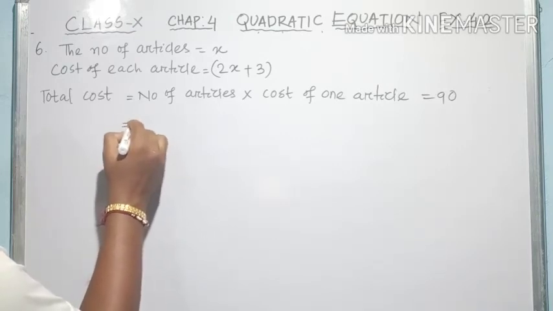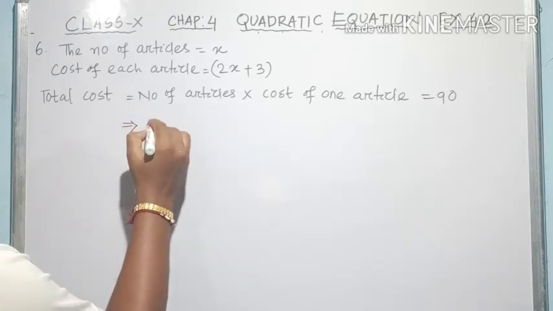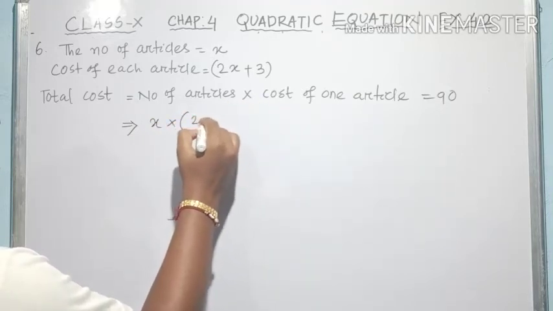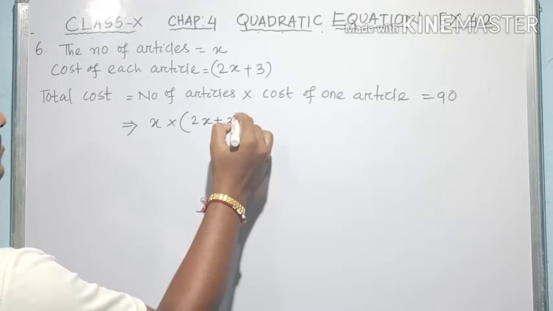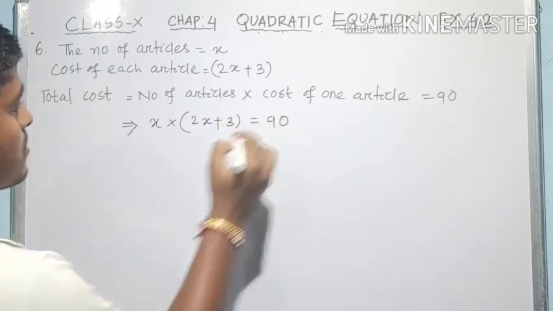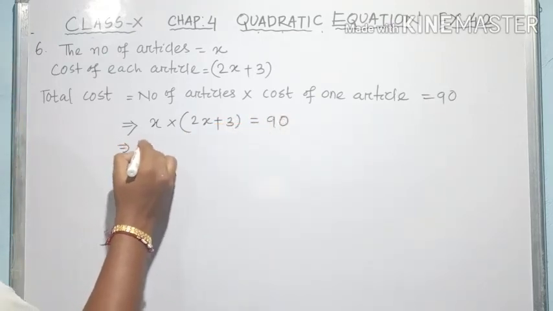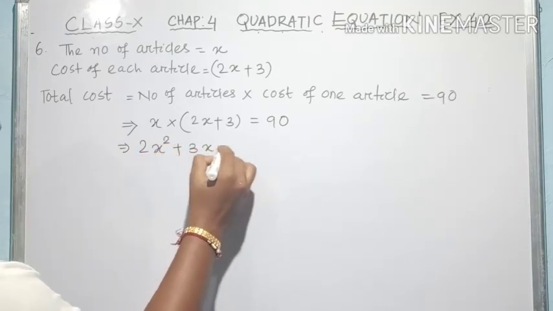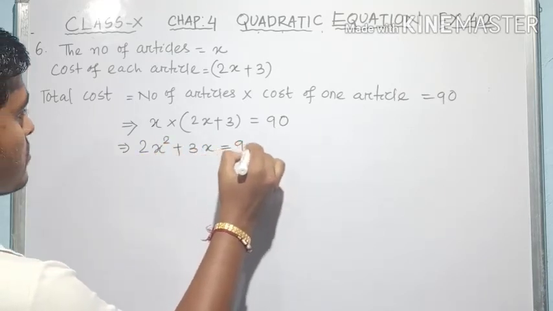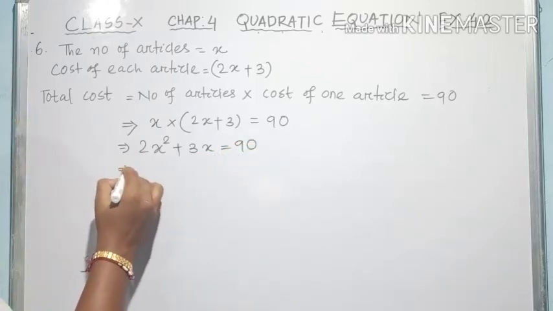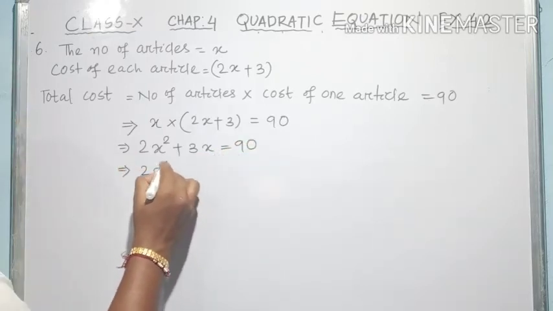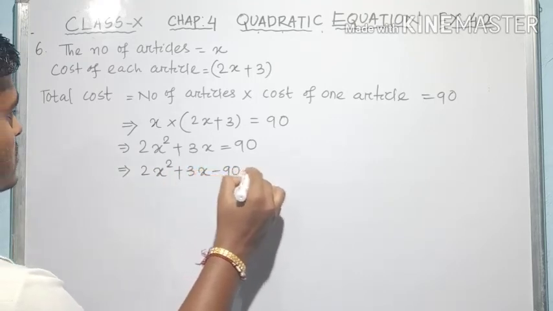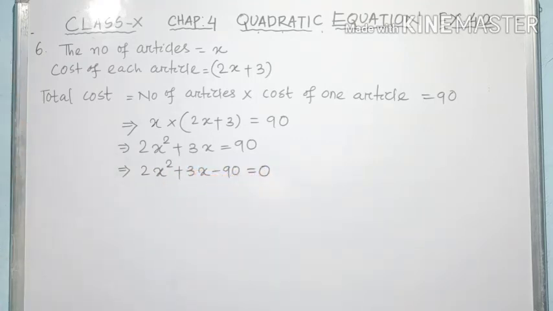So on putting the values, the number of articles is x into the cost of each article, 2x plus 3, which is equal to 90. On multiplying, we get 2x square plus 3x is equal to 90. This implies 2x square plus 3x minus 90 is equal to 0.